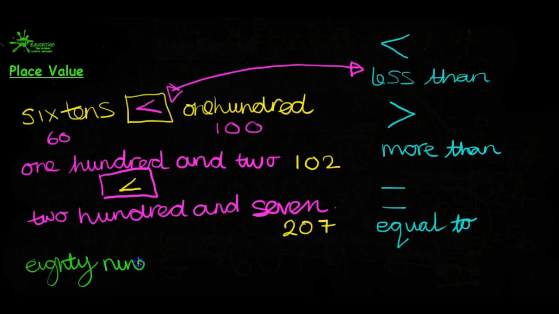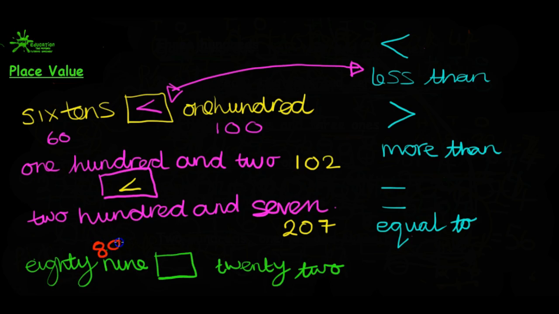89. There's our box again. 22. Now these are 2-digit numbers. Let's work it out. 89, we know 89.